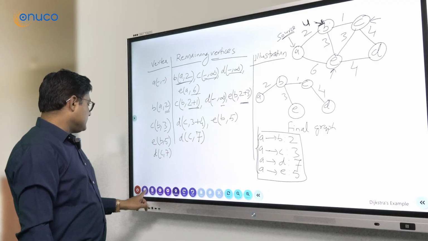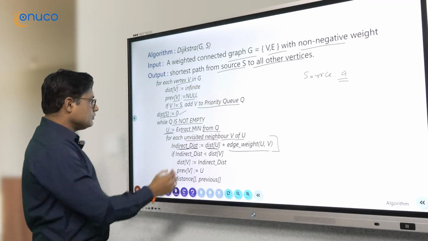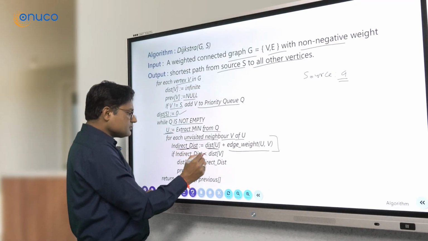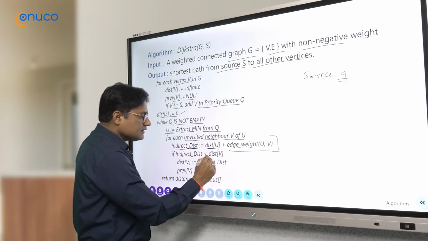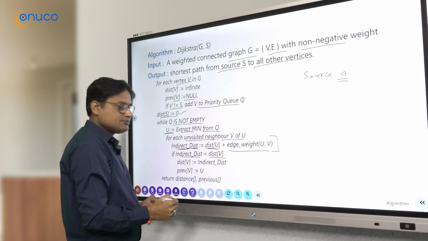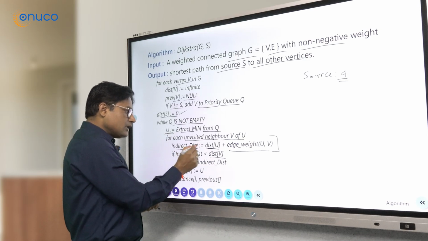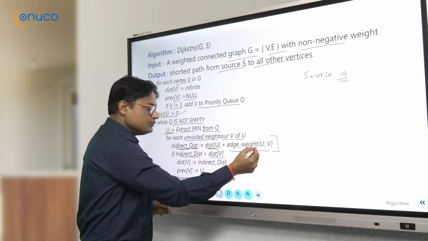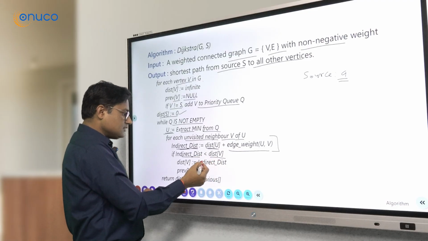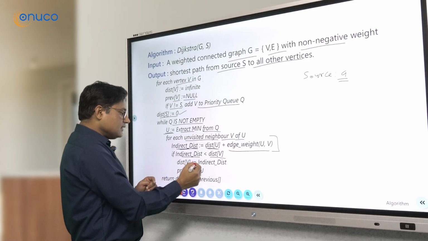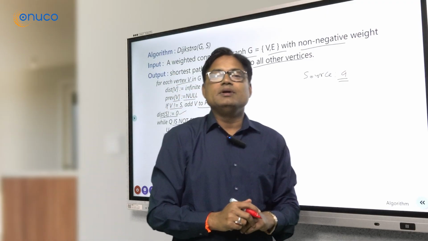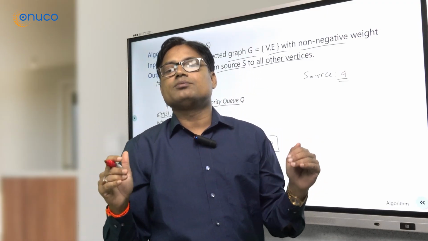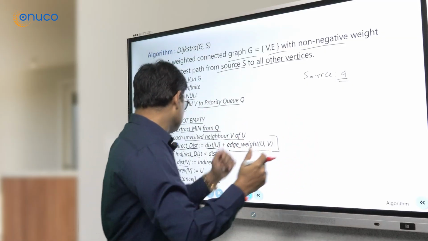In each and every iteration, we are going to compute the indirect distance and compare whether it is lesser than the direct distance. If the indirect distance you have computed, dist of U plus edge of UV, is lesser than the direct distance, then the indirect distance we update as dist of V, which is the minimum distance based on the greedy method.